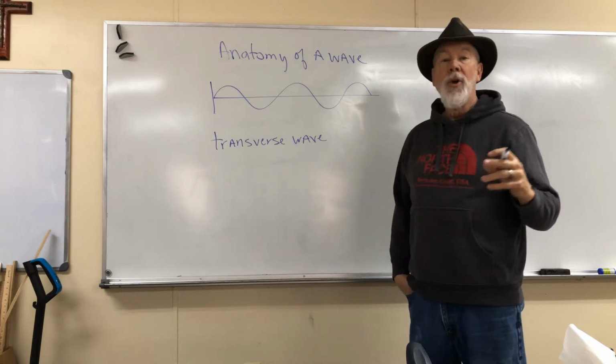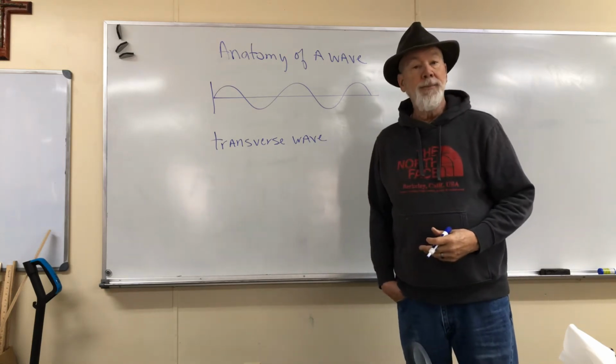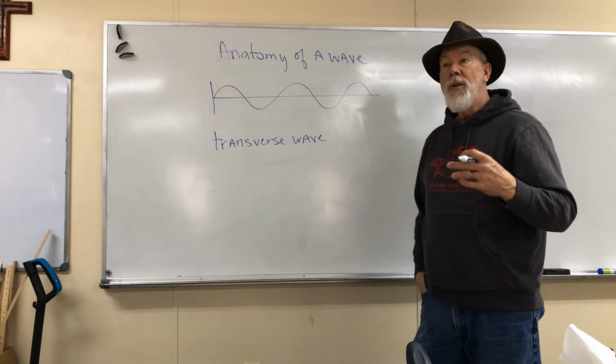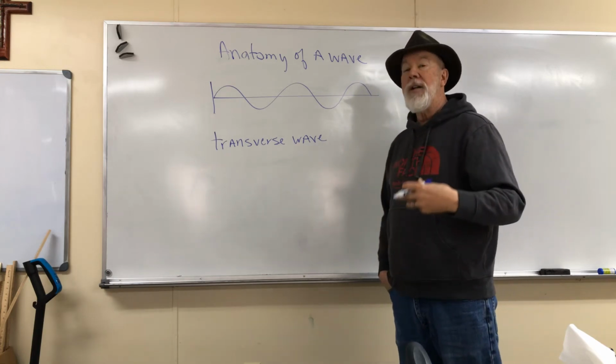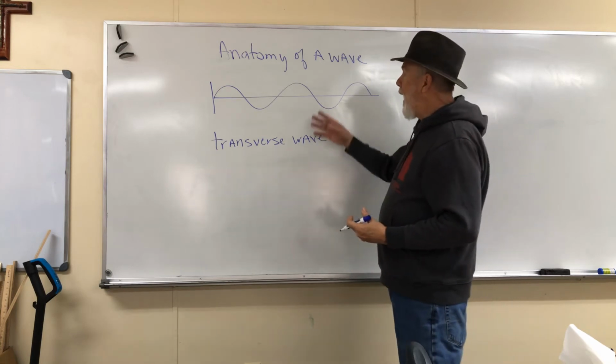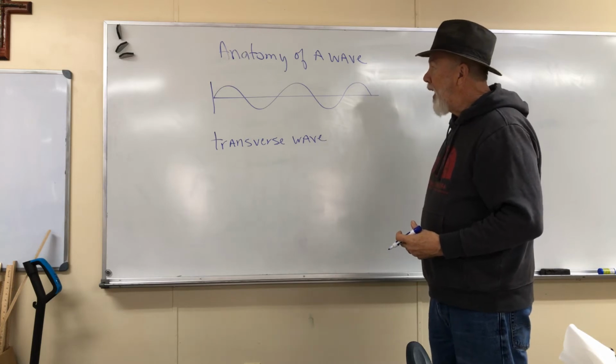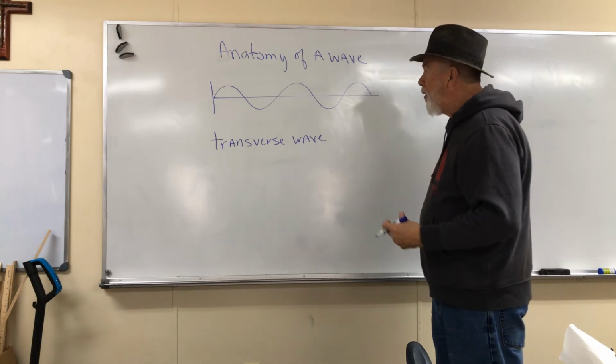For example, we often think of water waves as having this shape. We also know that, or we should know that light, all forms of light travel as transverse waves. And so the next thing that I need for you to do is to label this.